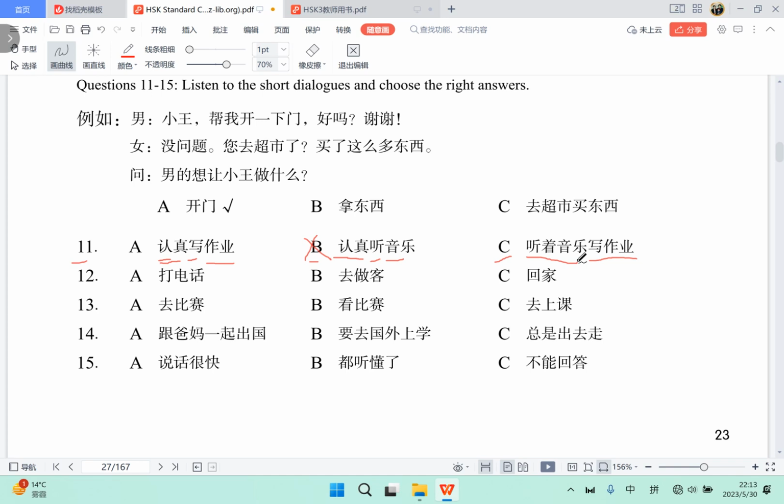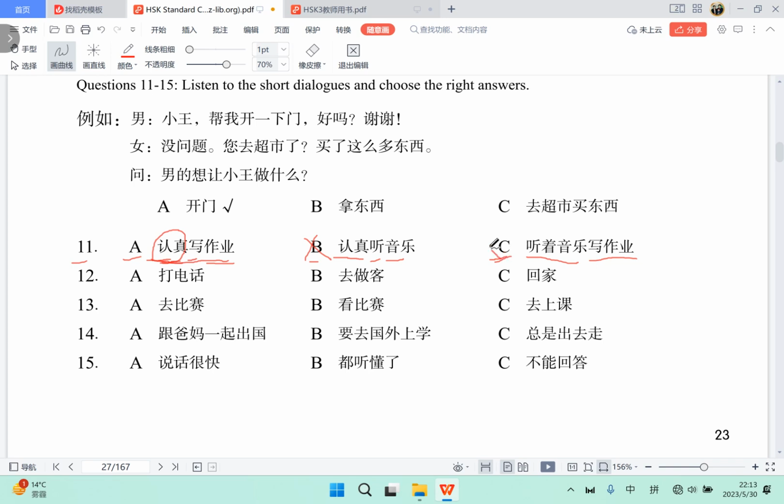Well, this happens in foreign countries, in European countries, but in China, if I do my homework while listening to music, my mom definitely will stop me because this is not a good attitude. So based on my common sense, because I'm Chinese and I was a Chinese student and child before, it should be A or C, because my mom doesn't want me to do that.